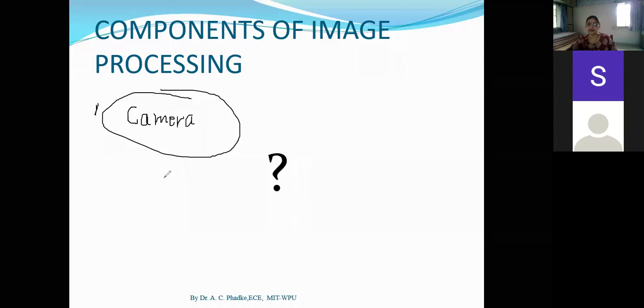We are going to study them maybe in the next lecture. So what might be the next component of your system? After acquiring the image using image sensors, analog to digital converter, some optical system, you are getting digital image output. After that, what might be the next component?